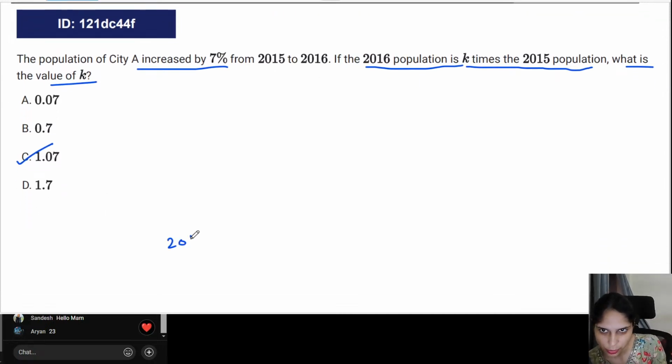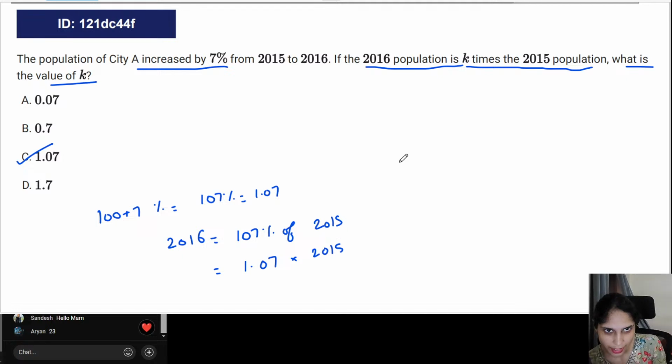So 2016 is going to be 100% plus 7%. 107% is 1.07. That is 1.07 times 2015. And the equation given to us is 2016 is k times 2015.